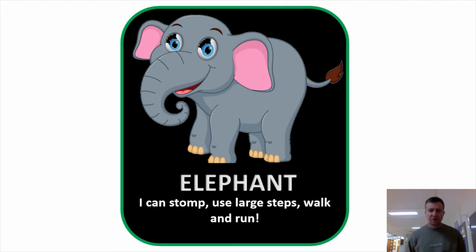Think about how you can make your body. We need to try and make it as big as we can. We need to have our trunk. So you may need to use your arm and you may need to use your other arm as the tail. So have a go now in your room acting like an elephant. So pause the video. Off we go.